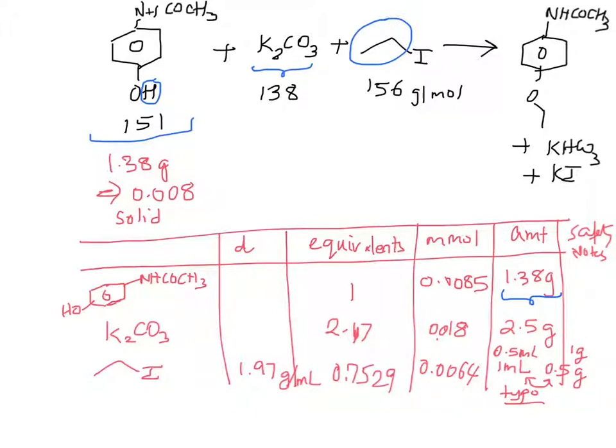So we have basically divided the 1.38 by 151, and that gave us 0.0085. Now, if we consider the substrate to be one equivalent, this equivalent is nothing but molar equivalent. So this is the ratio of all of your reactants. What is the ratio for those?